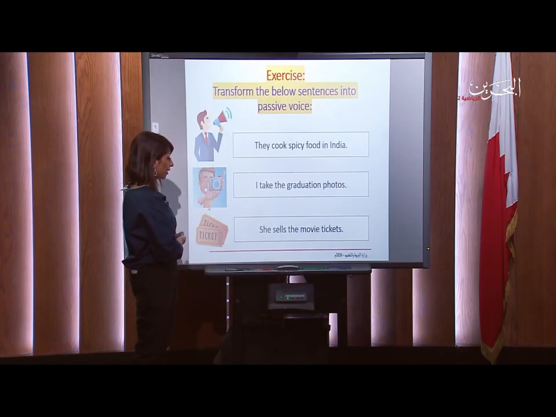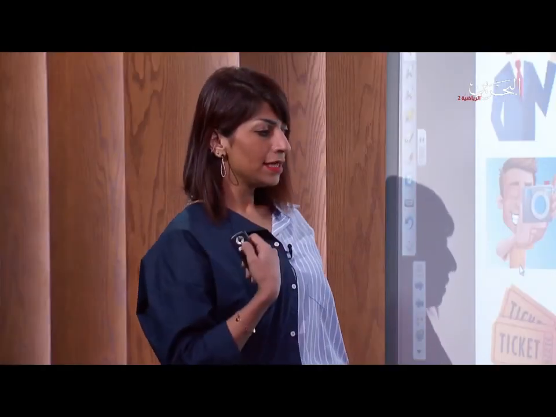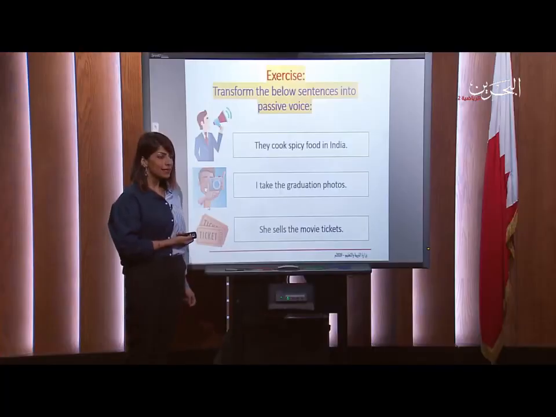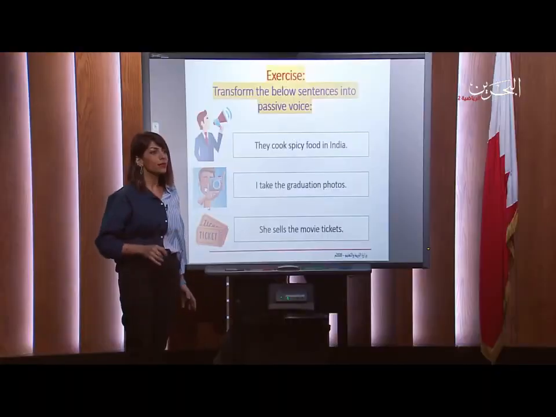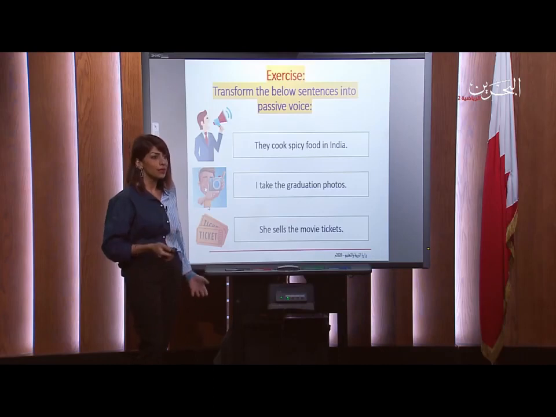Full stop. The last one, she sells the movie tickets. Tickets is plural. So, the movie tickets are sold, because the third form of sell is sold. Now, this is the way that I have to do with all sentences.